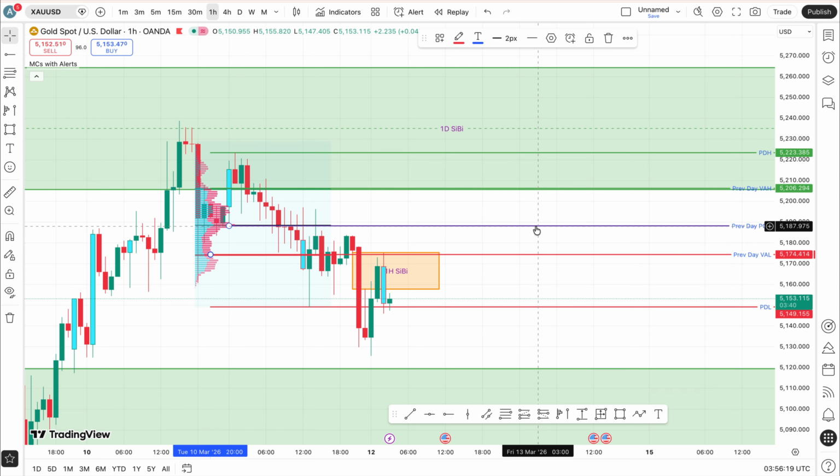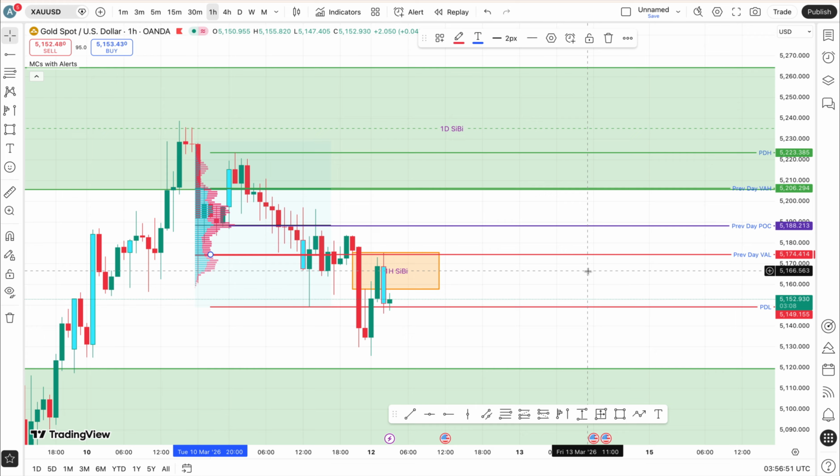The value area low is an area sitting around the round psychological support level at 5175, which could attract liquidity and buyers if price moves lower. When volume profile levels align with psychological levels, the reaction from the market often becomes stronger because both technical and psychological factors are concentrated in the same area.